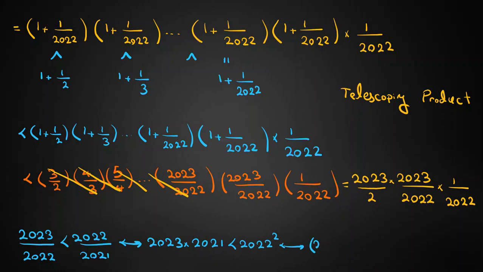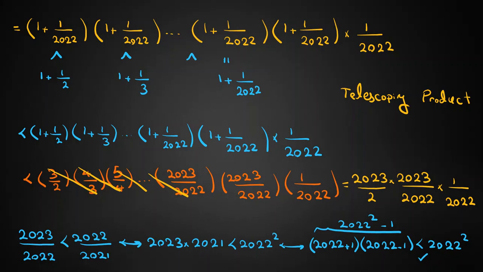So if I write the left side, 2022 plus 1 times 2022 minus 1 is less than 2022 squared. The reason is this. If you multiply this part, it will be 2022 squared minus 2022 plus 2022 minus 1, and we will see it works.